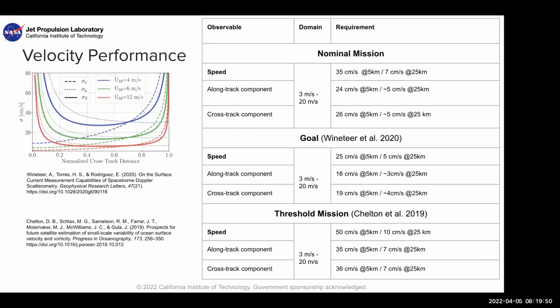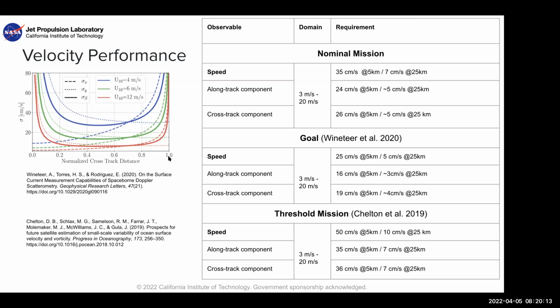If you look at the velocity performance, the 2 components of the velocity have very different performance characteristics, as you can see on the plot on the left. So the along-track component is very well determined at near nadir, which is 0 here.